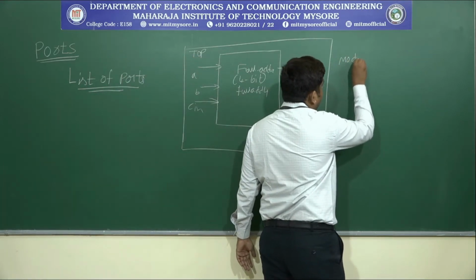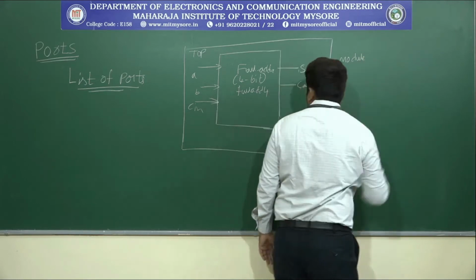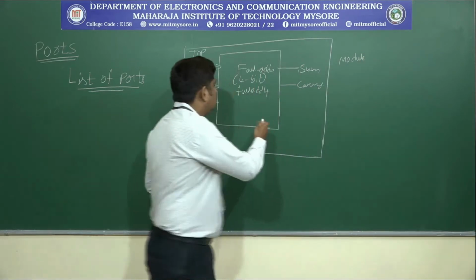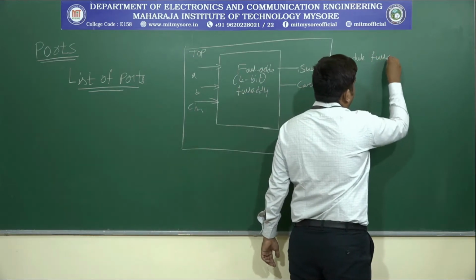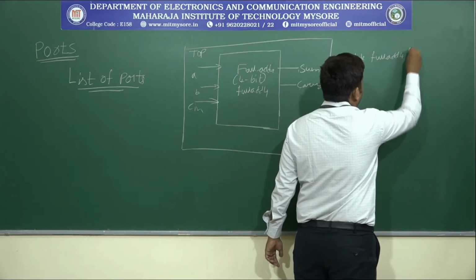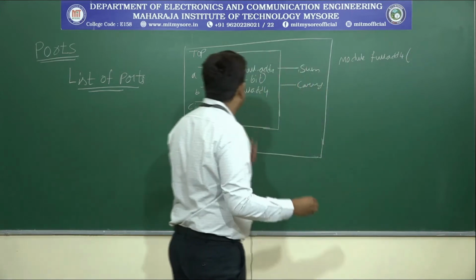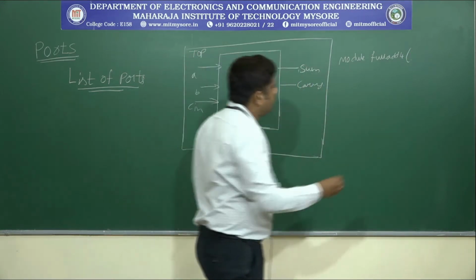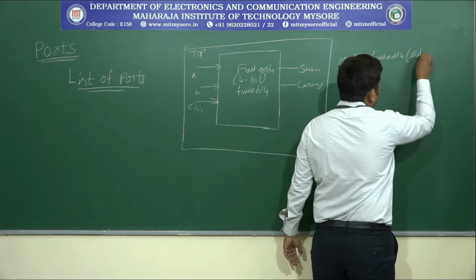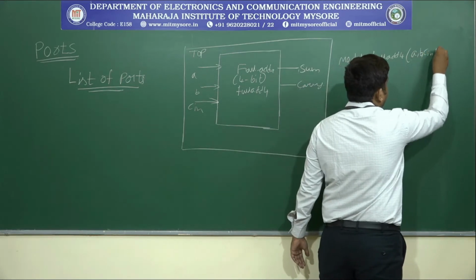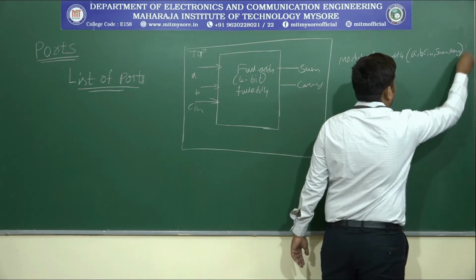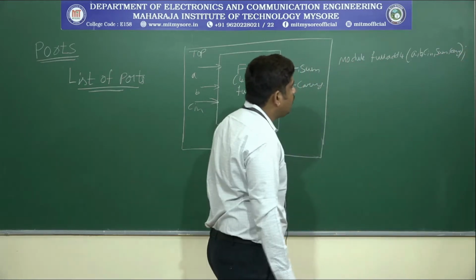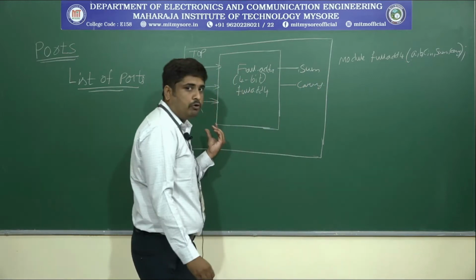So the program can be written as module, it always starts with module, then the name of the module, say full add 4. What are the ports? A, B, Cin, sum and carry. These are all the representation of a list of ports, right?